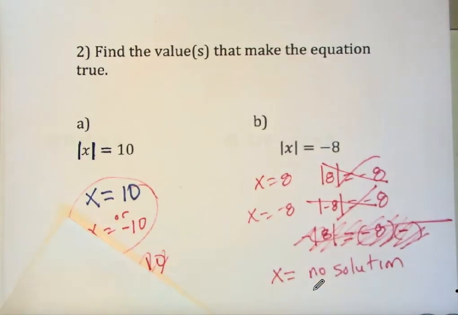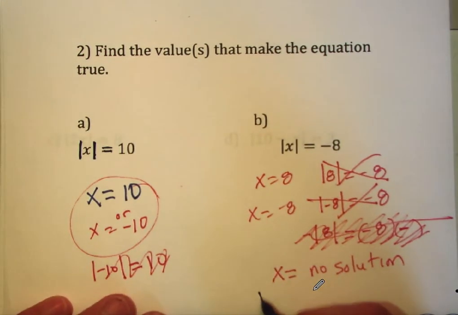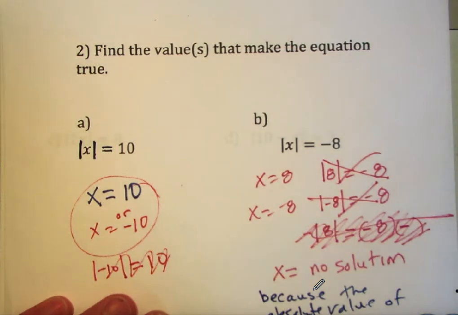Why doesn't x have a number that makes it true here? And I would take an answer from a student. Why doesn't x have a number that makes this equation true? And normally someone eventually says because the absolute value of a number is positive, right?